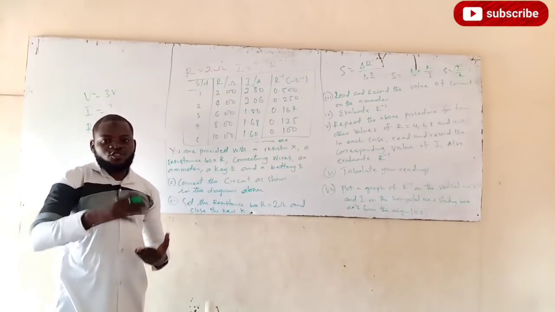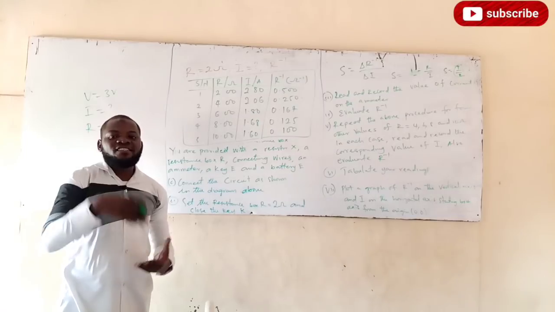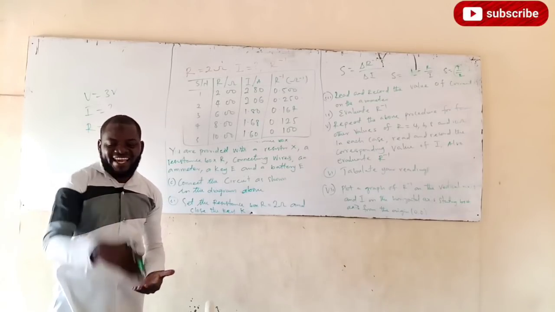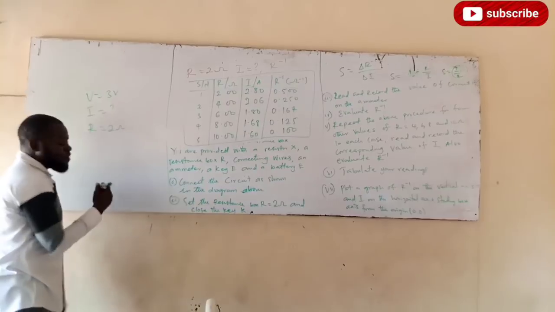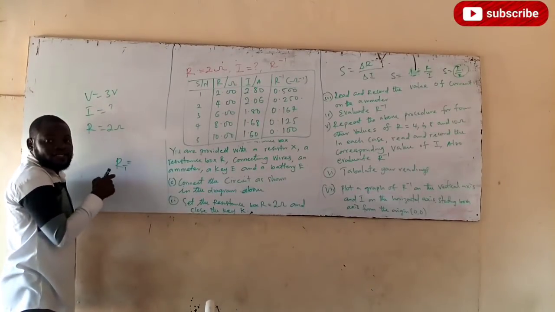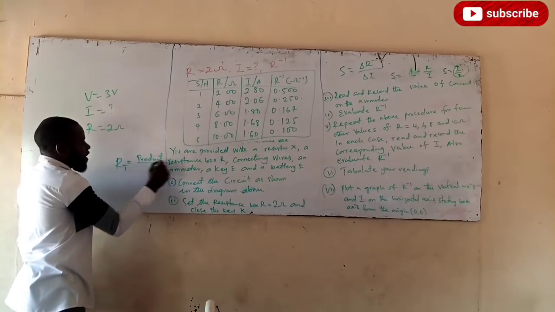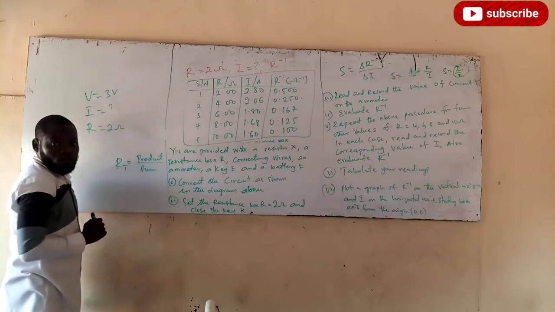So when they are parallel to each other, the equivalent resistance is what will determine the current that is flowing in the circuit. And when you have two resistors that are parallel to each other, the equivalent resistance is going to be what? The product over the sum.